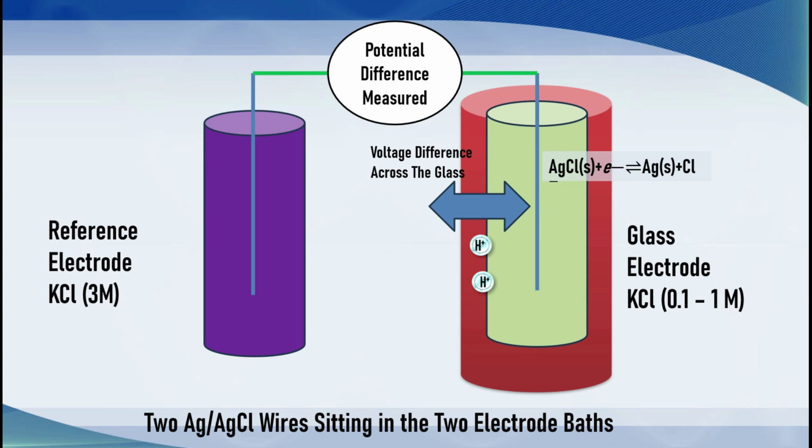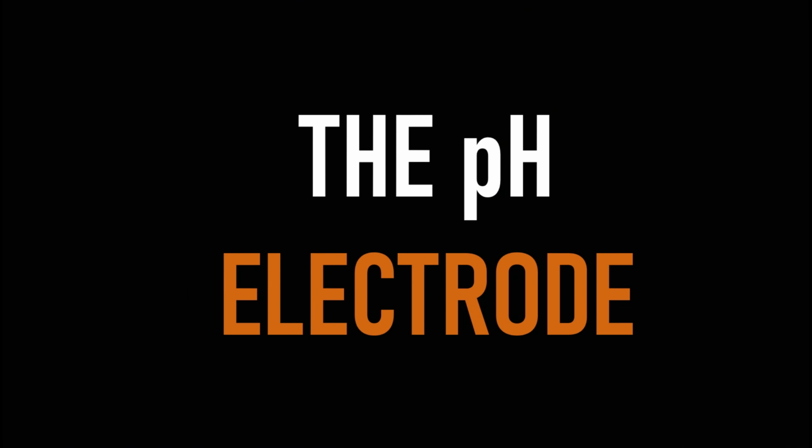There is no voltage charge. The potentiometer just listens to voltage change. The electrochemical theory behind this is the Nernst equation that relates electrical voltage or potential to changes in chemical concentration. So now that you know the basic concept behind this, we can look at the pH electrode.